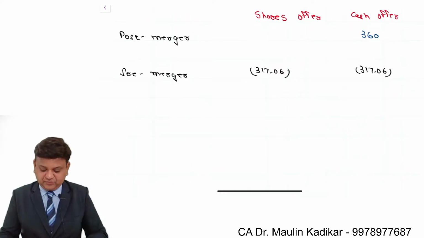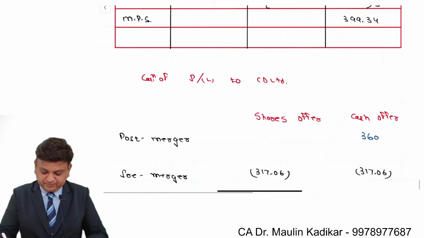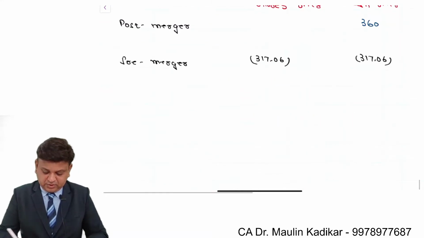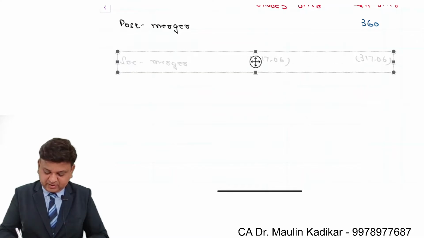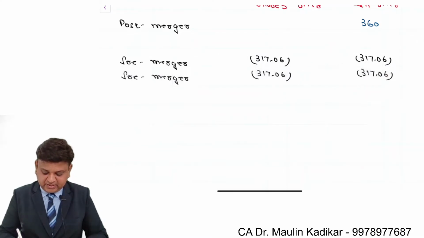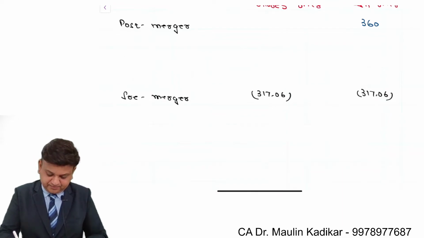In case of shares offer, what will happen, dear students? It is MPS of the merged firm, 399.34 into exchange ratio. That is the way we are required to make the computation of the answer. That's the MPS attributable to the shareholders of the target company.